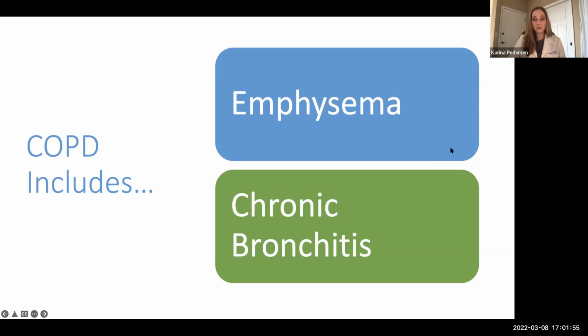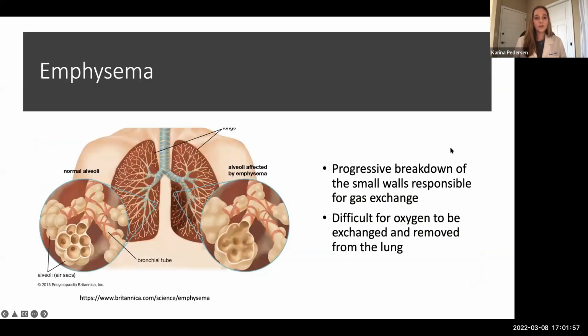Just to give an explanation, first we'll discuss emphysema. Emphysema is a progressive breakdown of the small walls responsible for gas exchange in the lung. The way I like to think about it is, this bubbly unit at the end of the lung is called an alveoli, and I like to think of an alveoli as kind of like a Tupperware container.